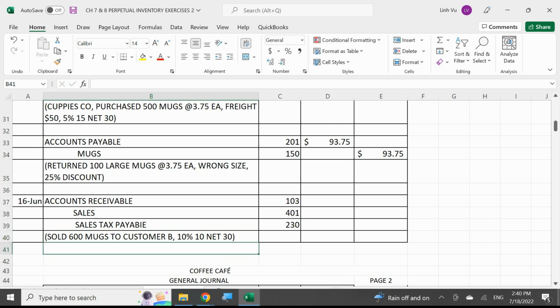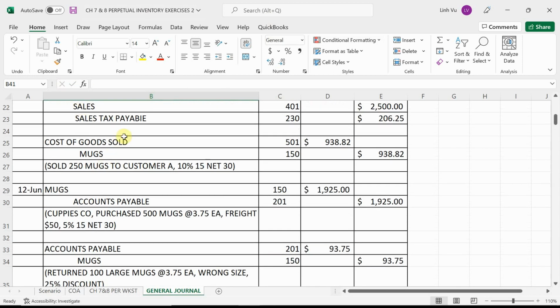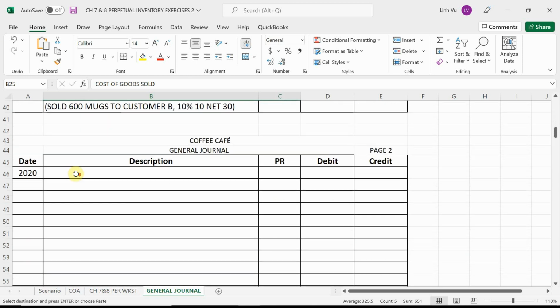Okay? And then I need to also recognize that I also sold to customer B. So therefore, I would definitely need to update my inventory. So I'm on page 2 of my journal here.